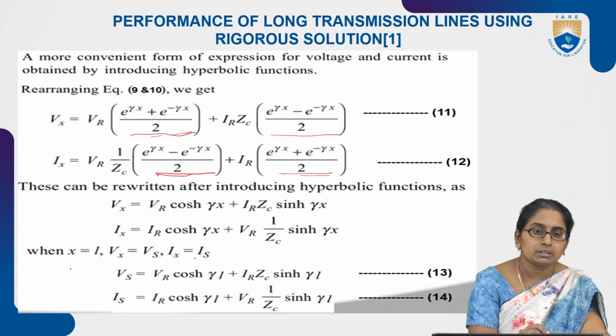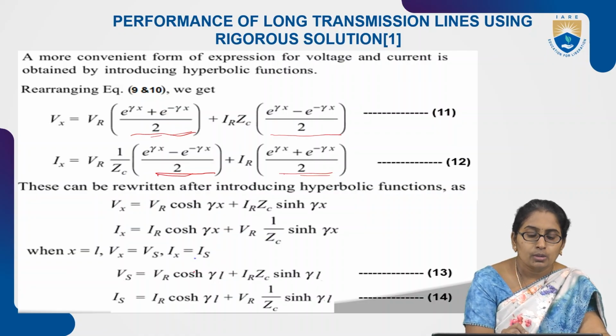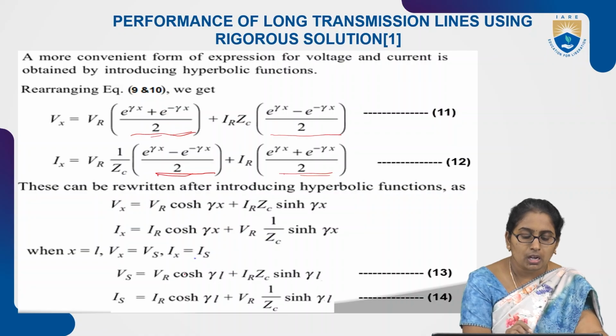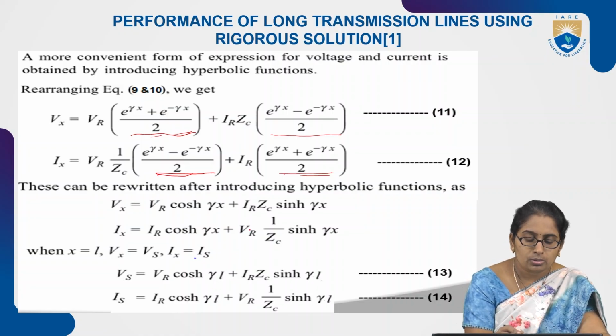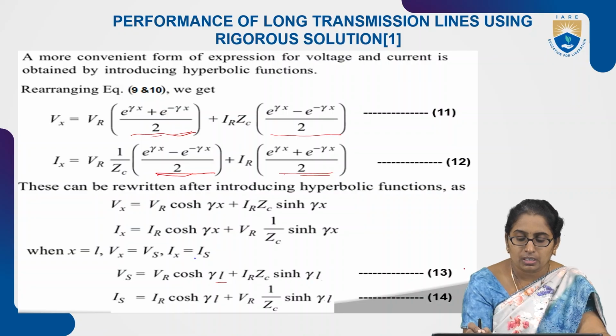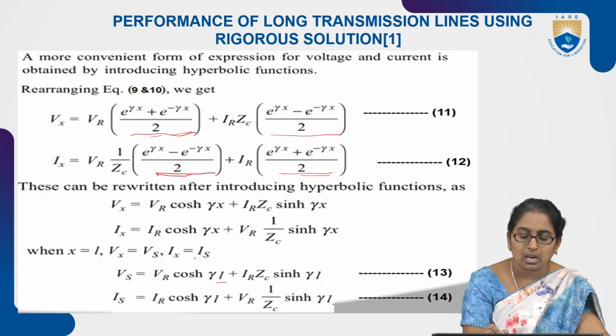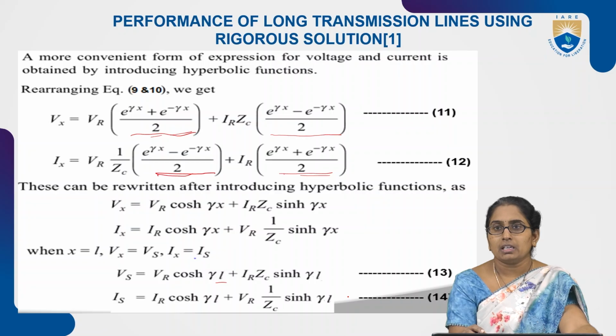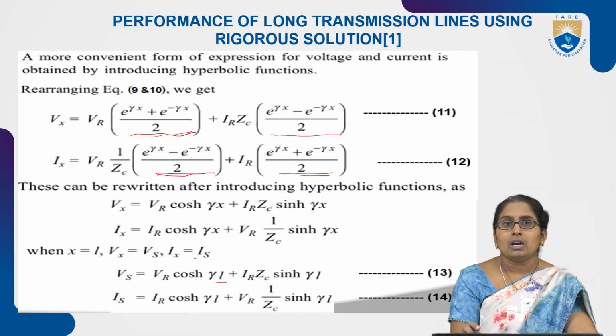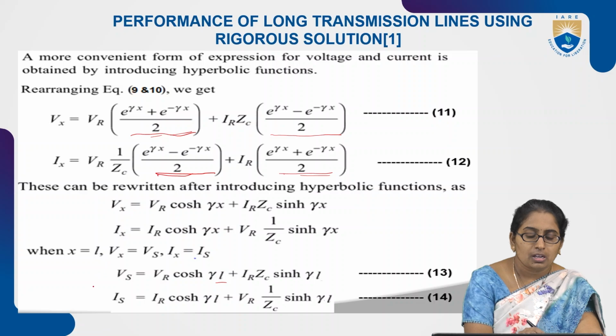So Vs is equal to Vr cosh gamma L plus IR ZC sinh gamma L. Say that equation number 13, and Is is equal to IR cosh gamma L plus VR 1 by ZC sinh gamma L, equation number 14.